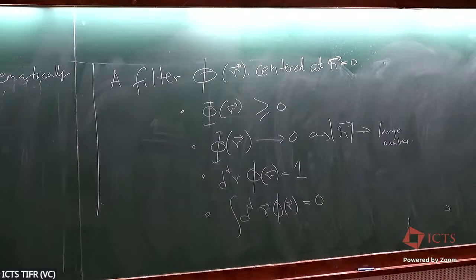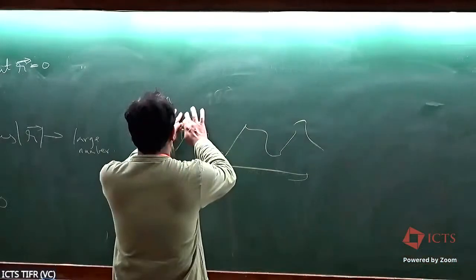What this filter does might be something of this sort. Suppose you have a signal, some signal, don't even think about turbulence or whatever, some function. My phi, for example, could be like a little hat, which is centered here, let's say, at r equal to 0.